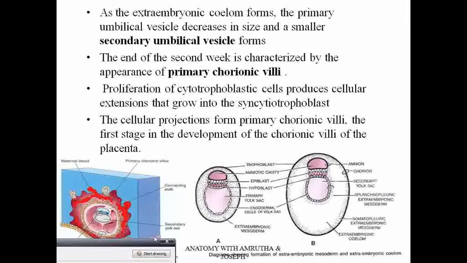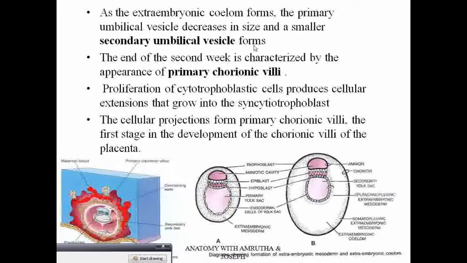Now, as the extraembryonic coelom forms, the primary umbilical vesicle decreases in size, and a small secondary vesicle forms. The primary umbilical vesicle, or primary yolk sac, decreases its size.